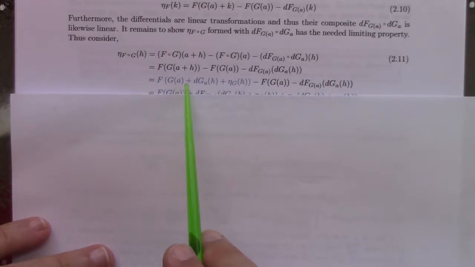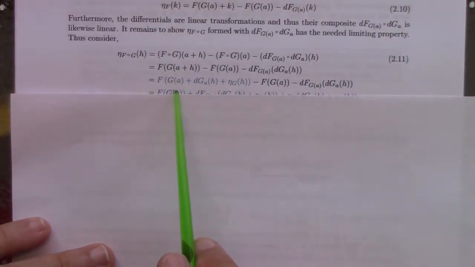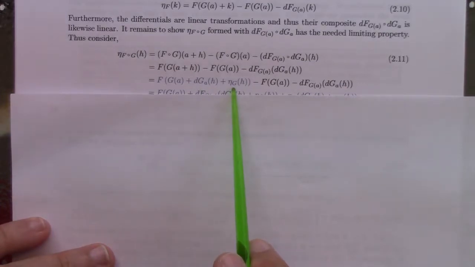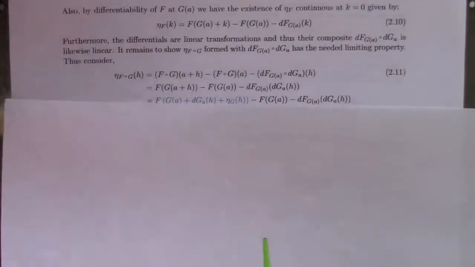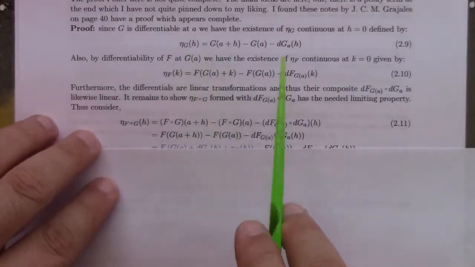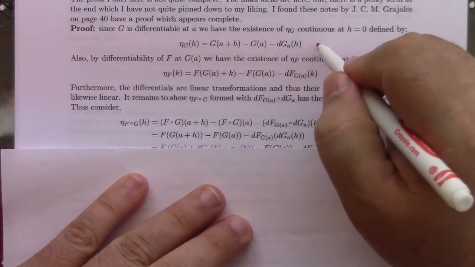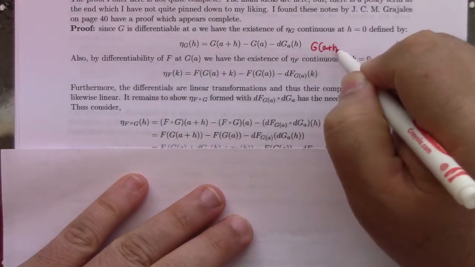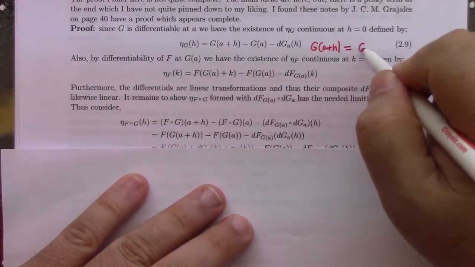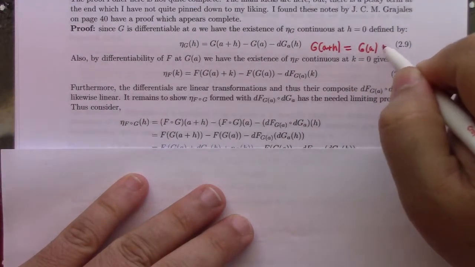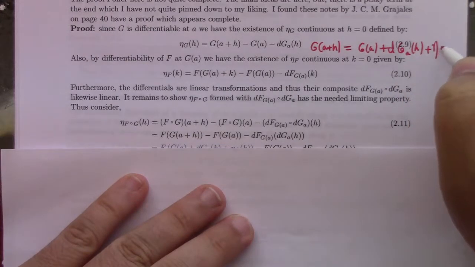And then the blue here, what I'm doing is rewriting g of a plus h in terms of g of a, dg of a, and eta. Because you can solve this, right? One of the things that you get from this is that g of a plus h is equal to g of a plus dg_a of h plus eta sub g of h.